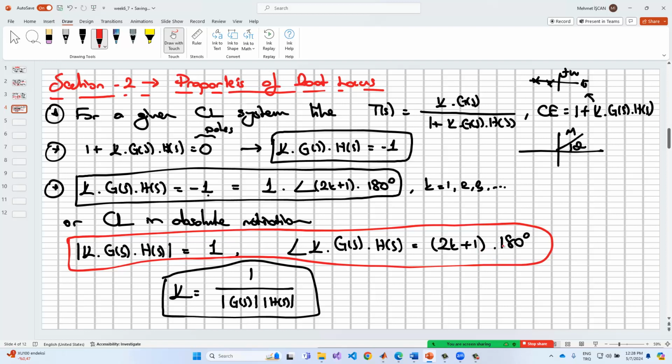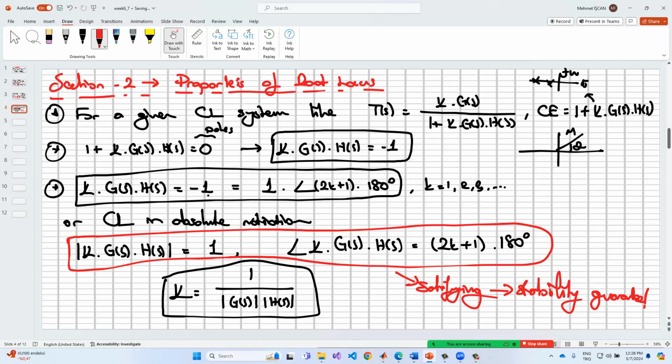For example, k can be chosen as 50, and this value of k may be stable or not, but if these two conditions are satisfied, stability is guaranteed in root locus techniques.